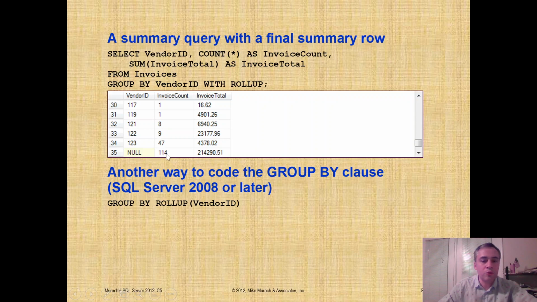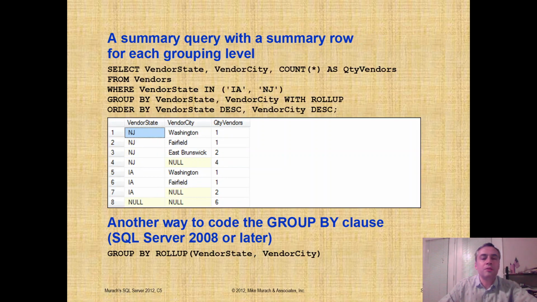There were 114. It doesn't give any value for vendor ID because it collected together all vendor IDs, and this is the total for the invoices. There is another way to do that, but I'm sticking with the one that is standard probably for all the SQL.